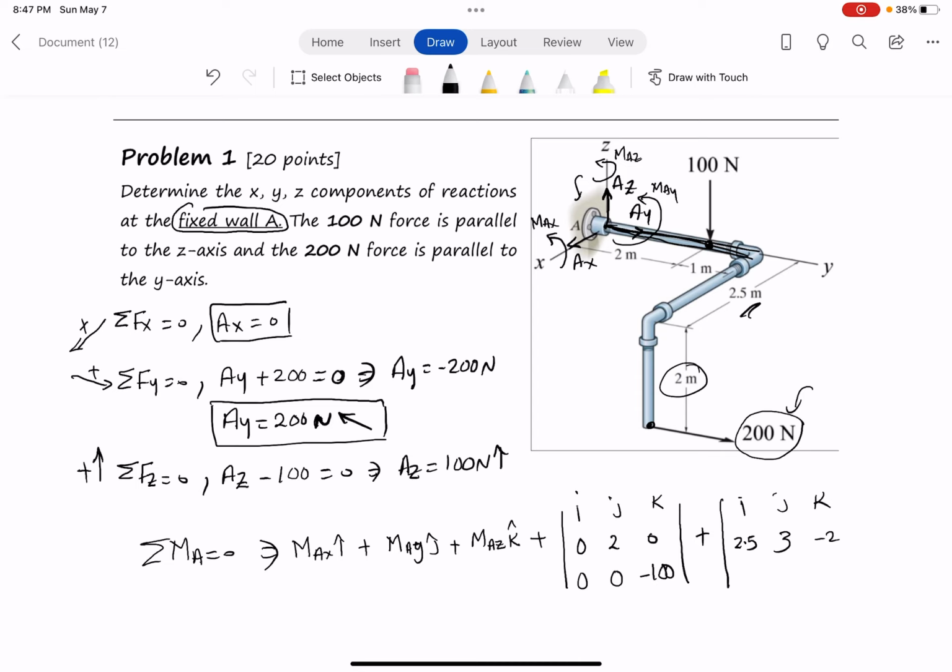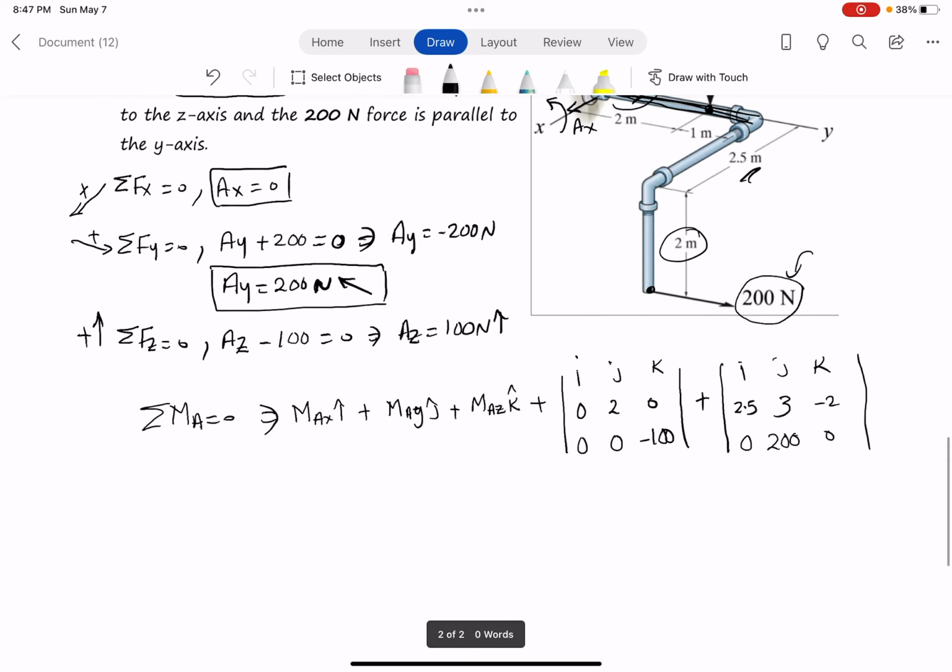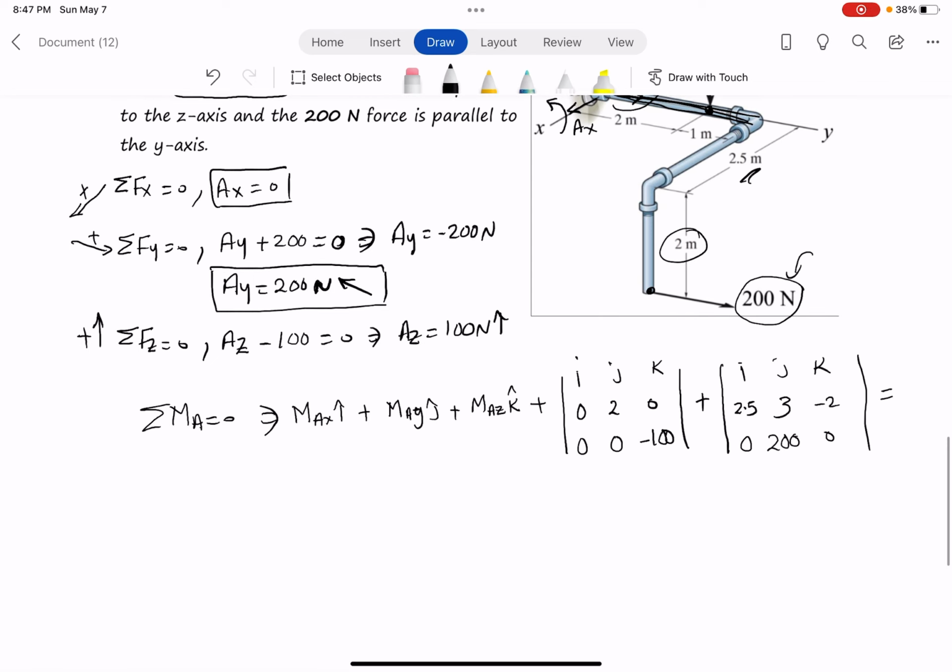And force is 200 Newton in the J, so 0, 200, 0. So now the whole thing is equal to 0.